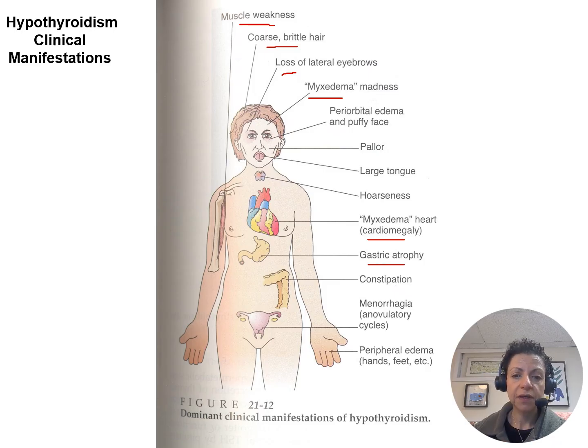Gastric atrophy. So the cells that line the stomach are going to decrease in their metabolic activity, decrease in their survival rate, and also the muscle in the stomach gets very weak. So that gastric atrophy can really cause a lot of GI dysfunction.